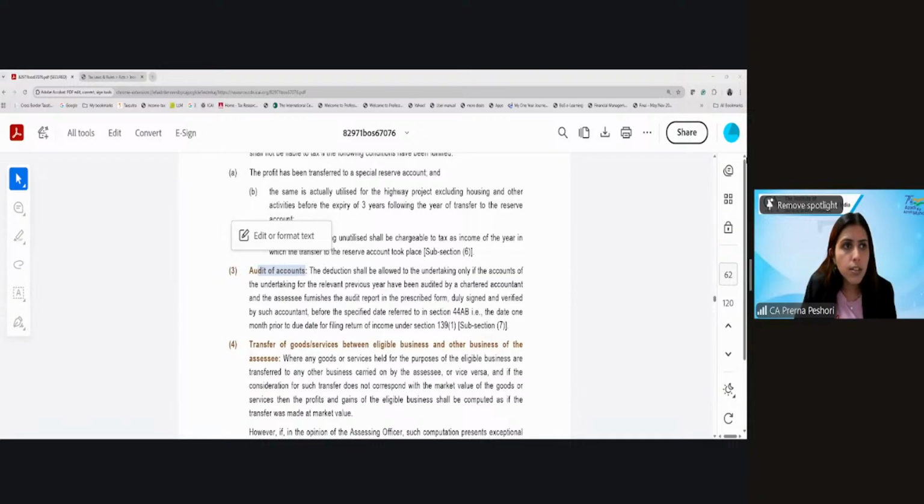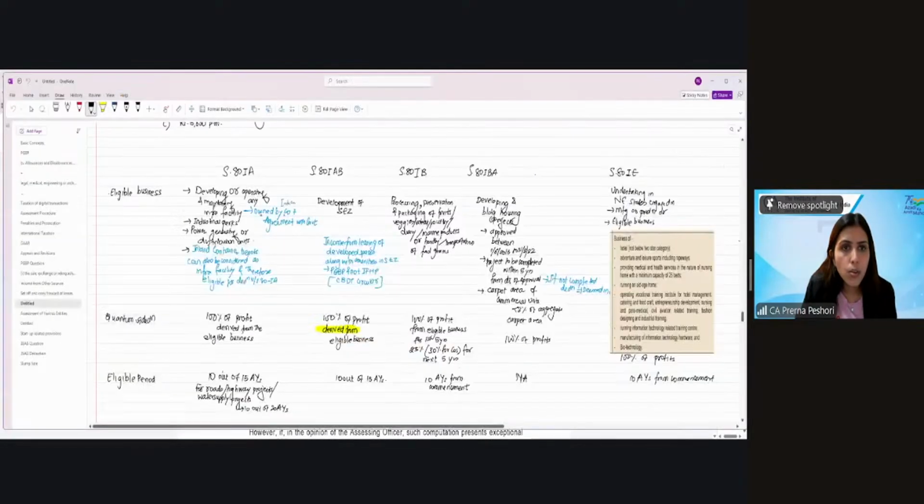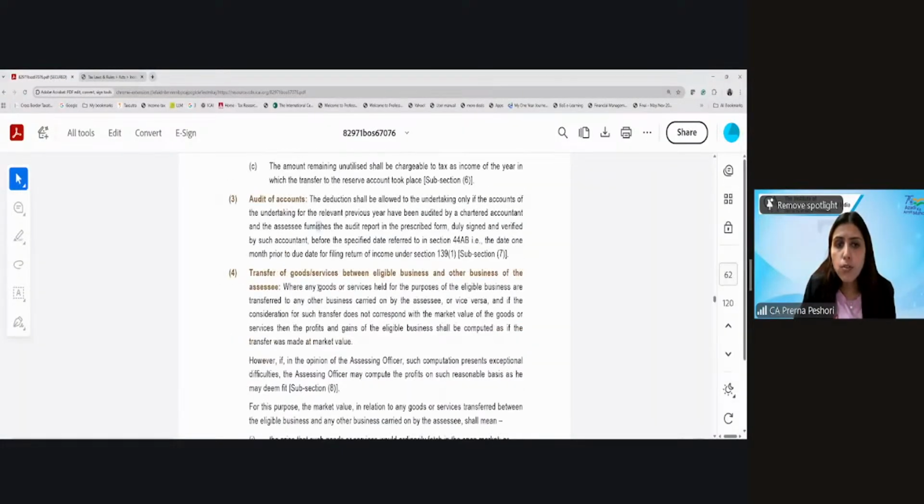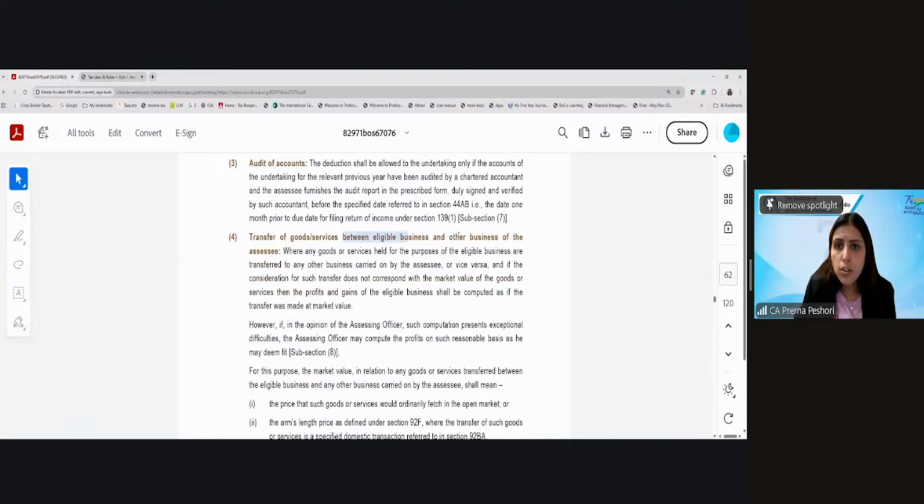So if you see the chart that we drew over here, let me open it again. So here I clearly said that it should be owned by an Indian company. Clear? Then it says transfer of goods or services between the eligible business and other business.